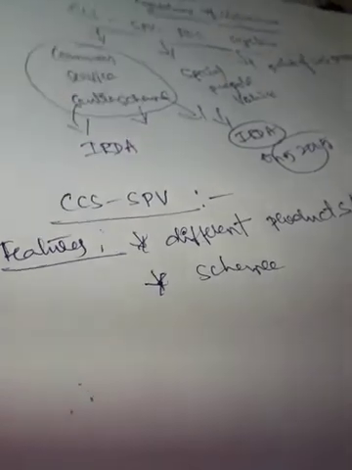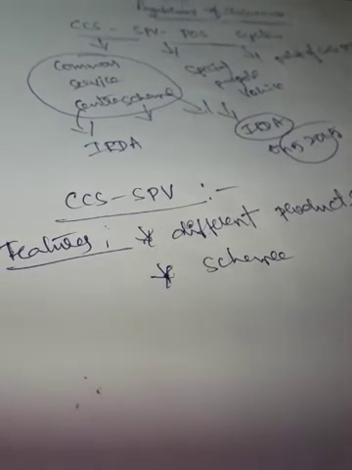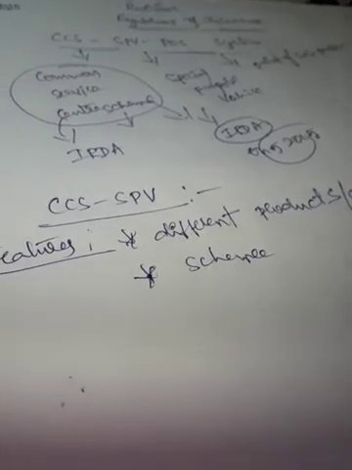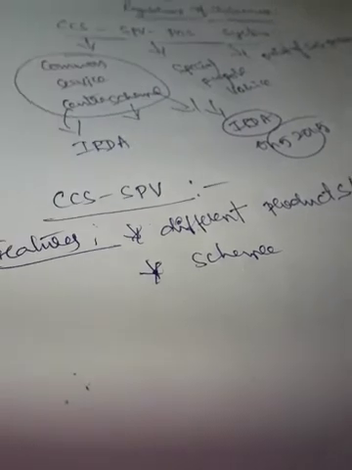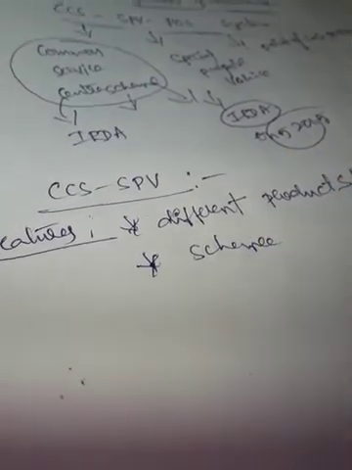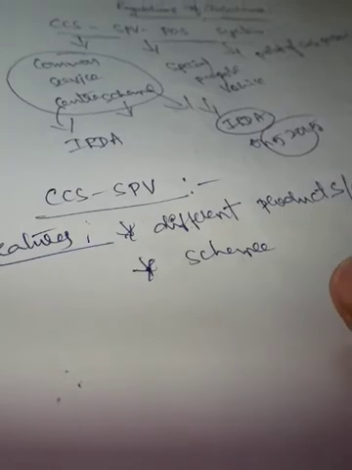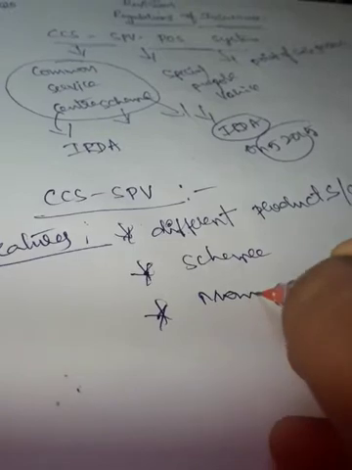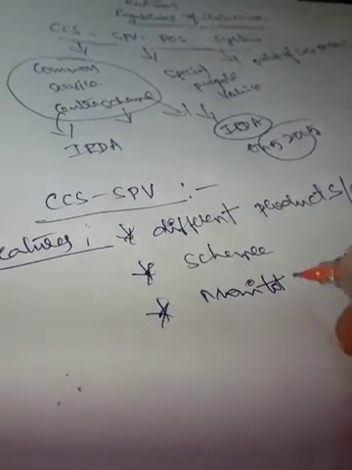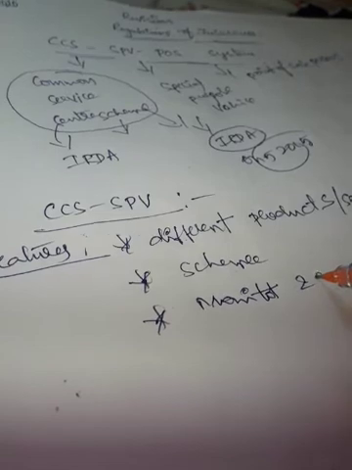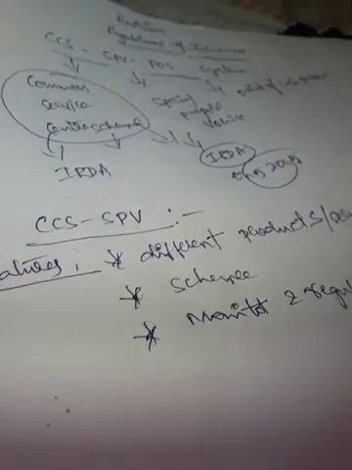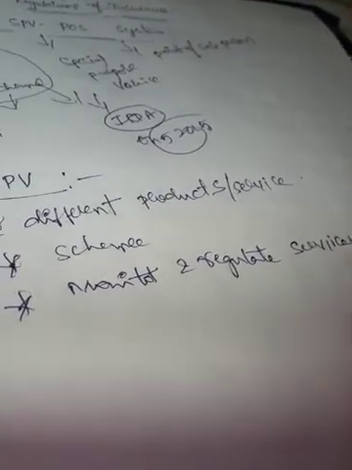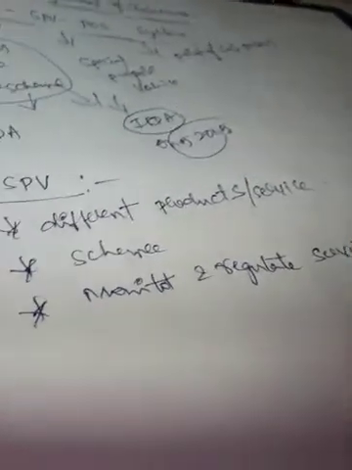If they have a membership in CCS and SPV, more trusted clients will be there. That's why it is beneficial, like a scheme for both the clients and the insurance companies. We can say that this CCS system monitors and regulates the services, so all types of services related to insurance will be monitored and regulated.